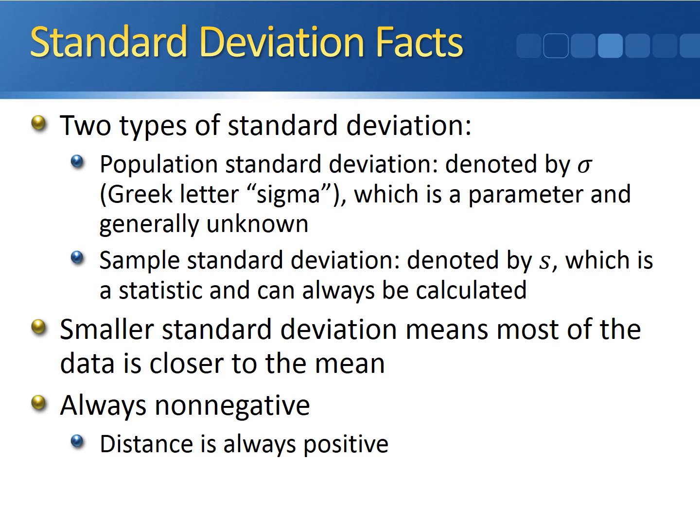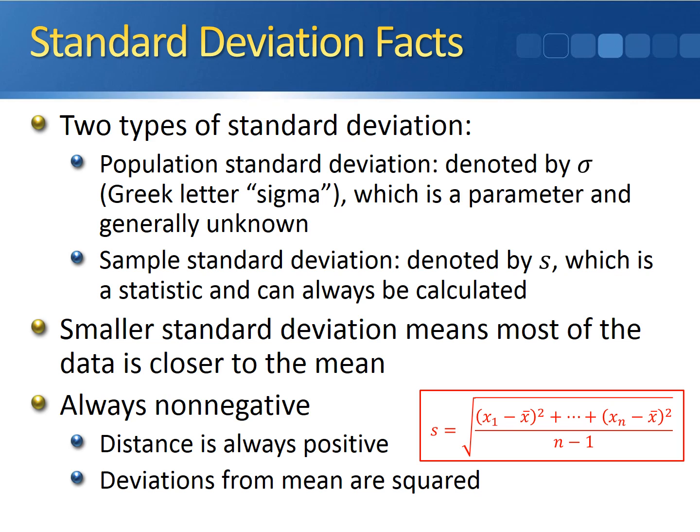The other reason, really the more mathematical reason, is because the deviations from the mean are all squared. If we take a look at the formula for calculating the standard deviation, up in the numerator, we have x1 minus x bar squared plus x2 minus x bar squared. Each of these differences is going to be squared. So in the worst case scenario, each of these terms is going to be equal to 0.